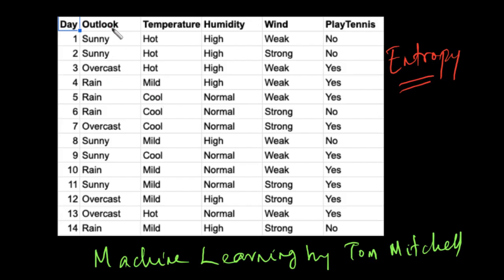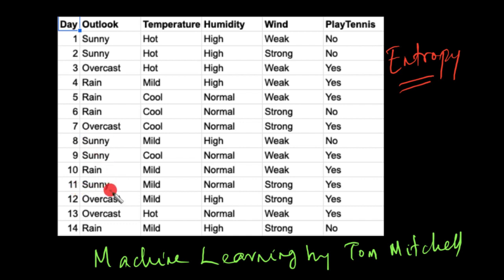So in this table you have outlook, which can be sunny, overcast, or rain. Now I only look at the value sunny for outlook and see for how many of them correspondingly you have no or yes. So sunny comes here, here, here, and here.